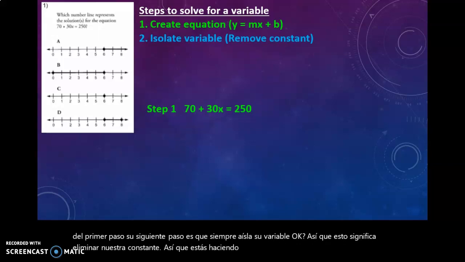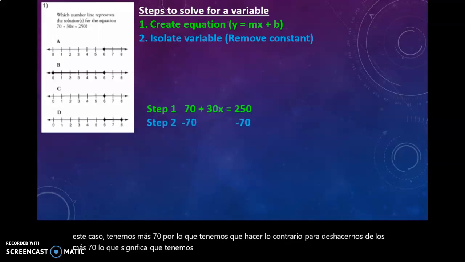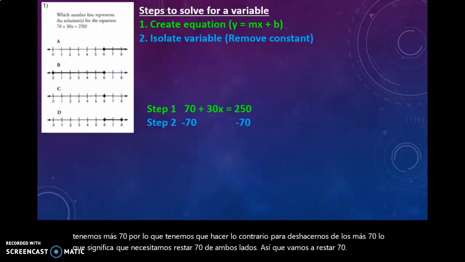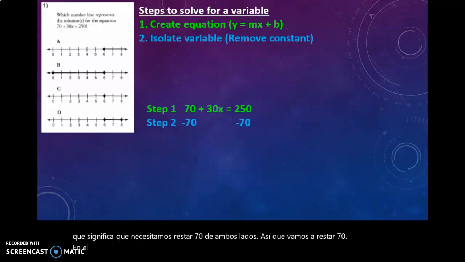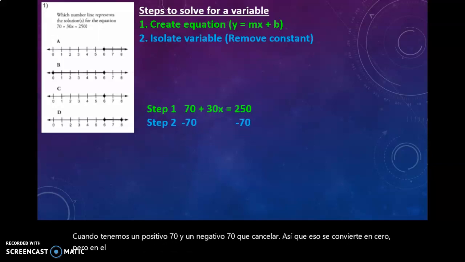In this case, we have a plus 70, so we need to subtract 70 from both sides. On the left-hand side of the equal sign, a positive 70 and a negative 70 cancel out, so that becomes 0. On the right-hand side, 250 minus 70 gives us 180. So we're left with 30x equals 180.